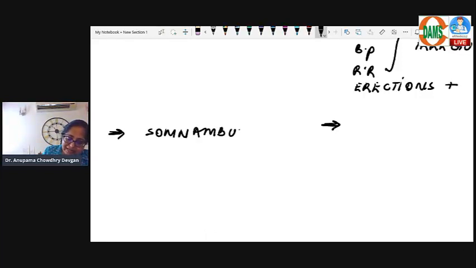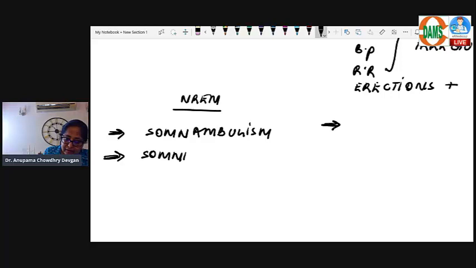Somnambulism is sleepwalking. This happens in NREM, right? Sleepwalking, somnambulism. Somniloquy, sleep talking. Nocturnal enuresis.